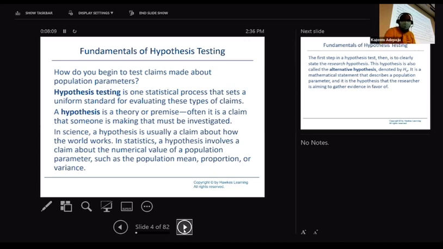Let me give you some examples again. Somebody could make a claim about the popularity of the president of any country. If they claim that the proportion of citizens that approve of the work the president is doing is this, we can carry out an investigation to see whether it is true or not.